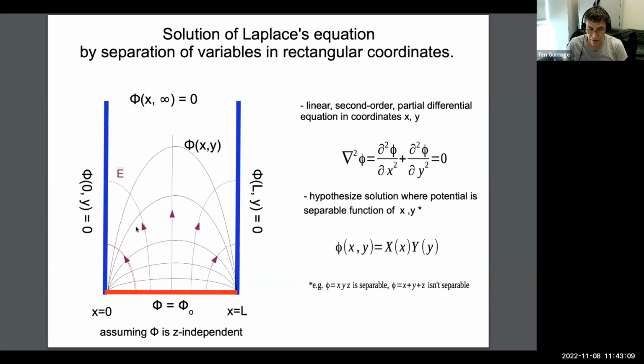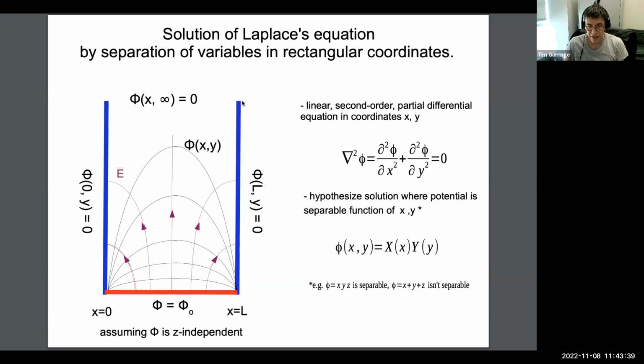In this particular problem, I've got a horizontal conductor at constant positive electrical potential, call it phi naught. I've got two tall, infinitely tall, vertical conductors, one located at x equals 0, one located at x equals L. They're grounded conductors.